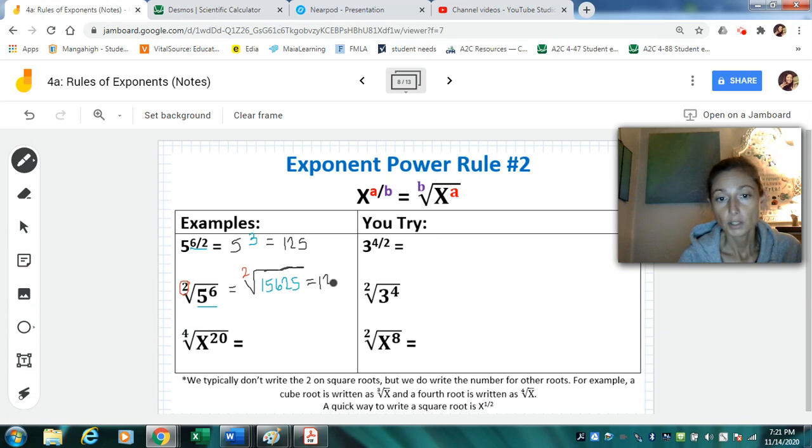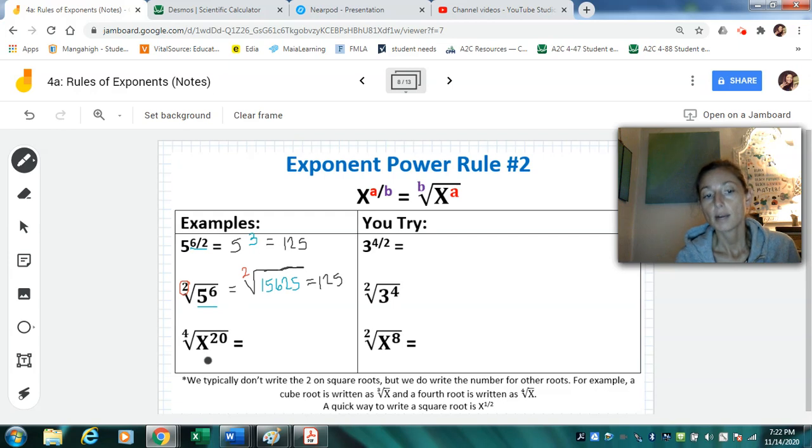So doing these roots can actually be a little bit trickier. I would say anytime you have a root, the easier thing to do is to convert that into the fraction exponent. That's going to be a lot more simple. And that's what I'm doing for this one right here.